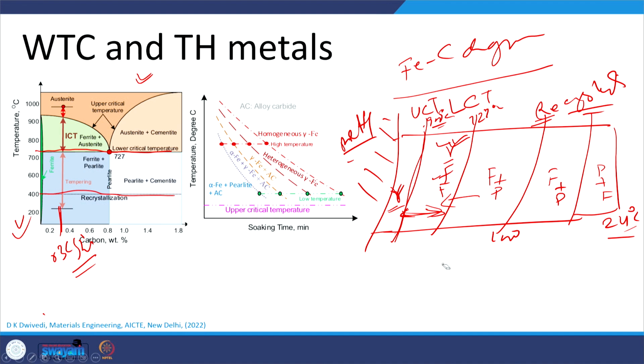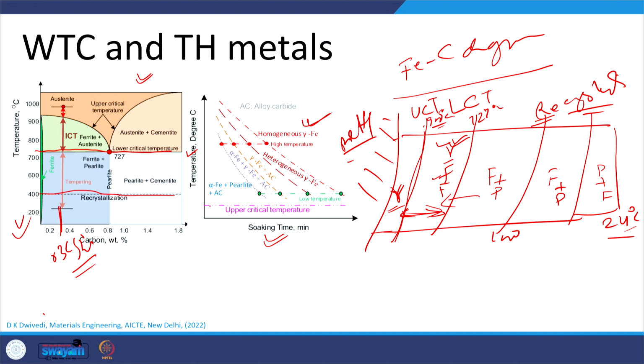Before cooling, let us talk about the soaking aspect. These phases will be formed in a very homogeneous condition only if high temperature is maintained for a longer time, so that the equilibrium state is attained, but during welding that is not the case. For example, in the temperature versus soaking time relationship for steels, the time needed to form homogeneous austenite is very long.